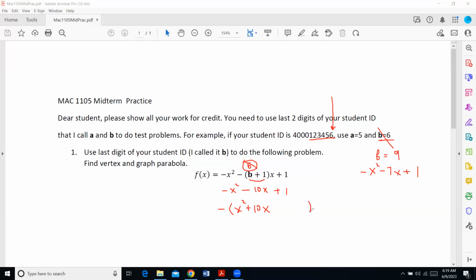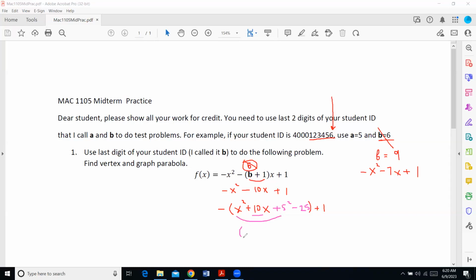Then I will leave a little room to be able to add and subtract half of 10, which is 5. So I'm going to add 5 squared and then subtract 5 squared, which is actually 25. This way I didn't change anything because I added and subtracted 25 inside of the parentheses.